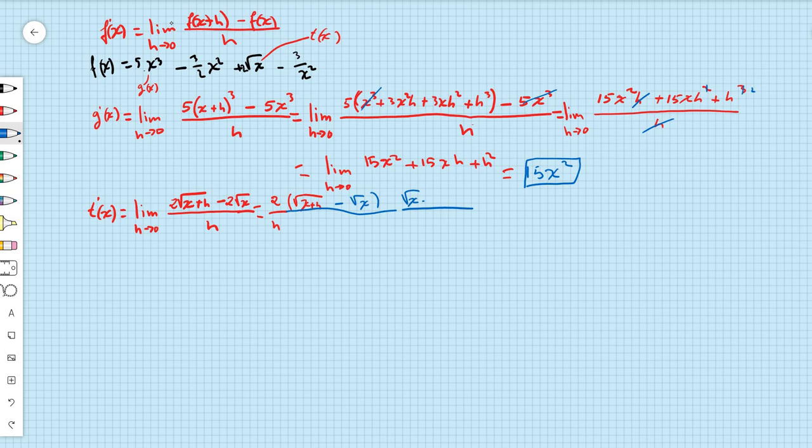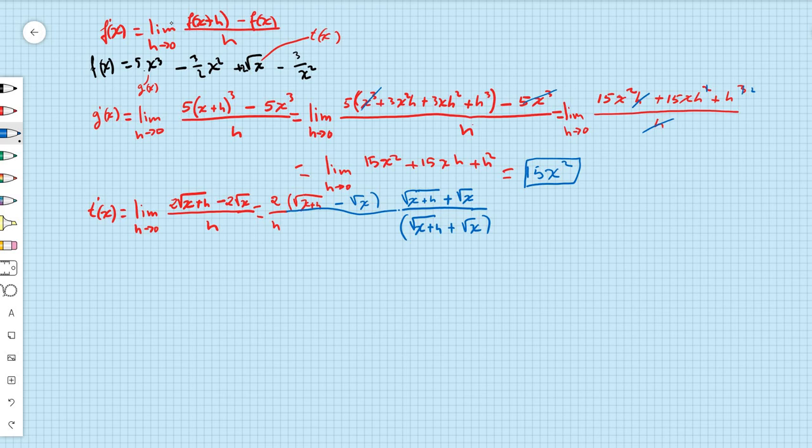Square root of x plus h plus, the sign here, the opposite, and then divide. If you multiply the numerator by whatever, divide that by the same thing. Right, so you have this.